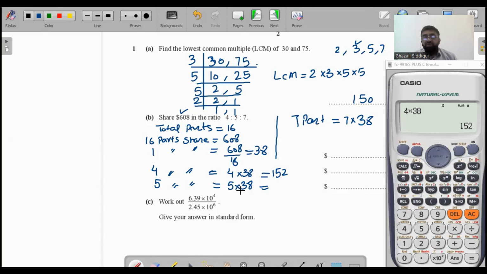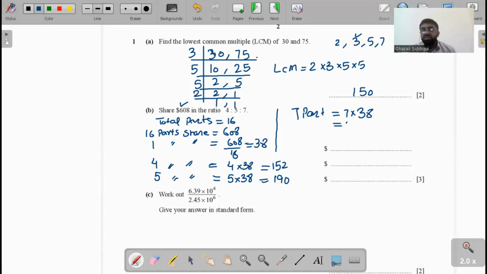Now 5 multiplied by 38 is equal to 190. 7 multiplied by 38 is equal to 266. So we have 152, 190, 266.